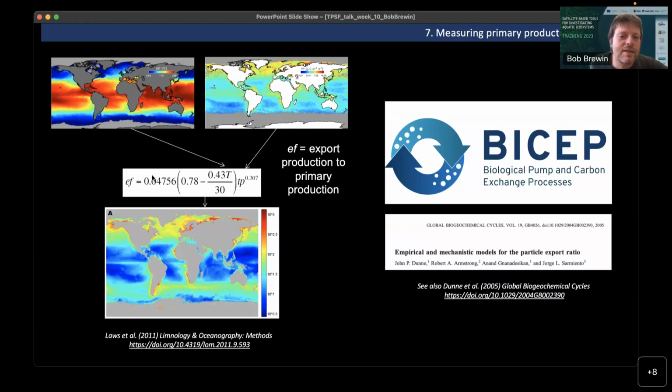And people have developed empirical approaches to estimate this, driven by satellite temperature and primary production estimates. So you can convert your satellite primary production estimate into an estimate of export production. And a lot of work is going on this topic in the European Space Agency BICEP project. Recently, they've been testing an empirical approach by Dunne et al.